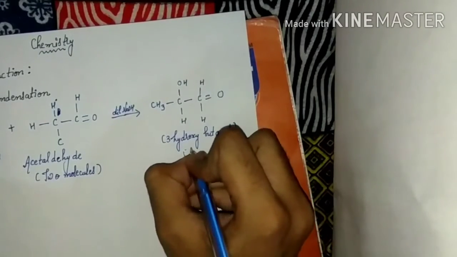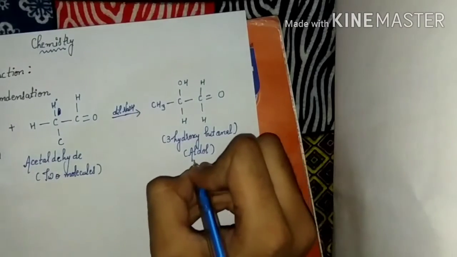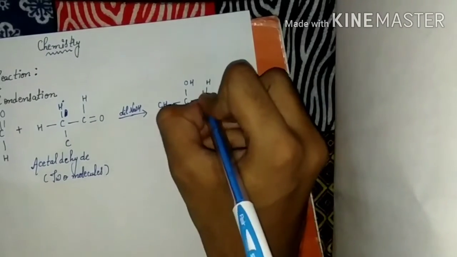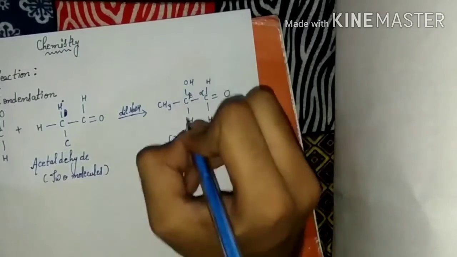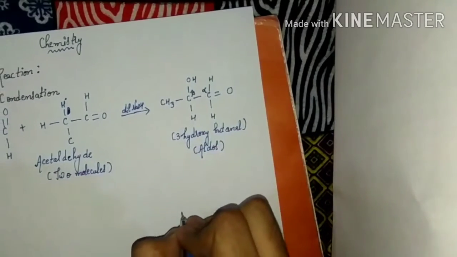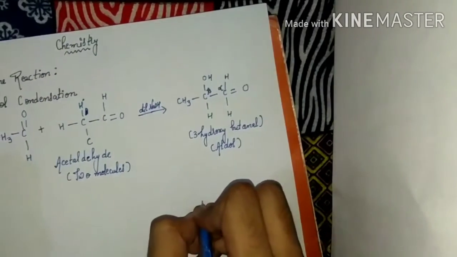Also it is called aldol. This is the alpha carbon and this is the beta carbon. Okay, so this you have to remember while you are studying this reaction.